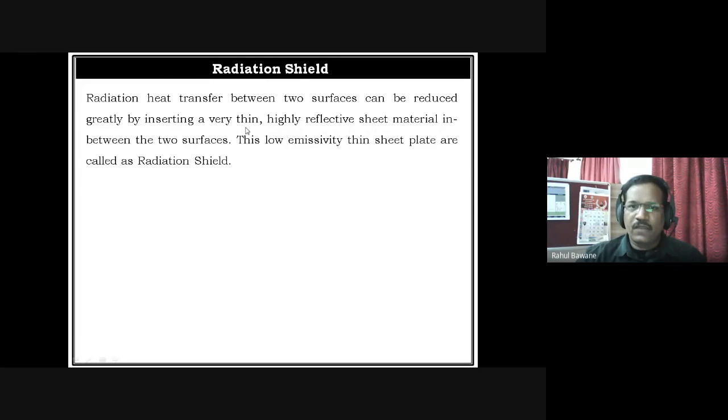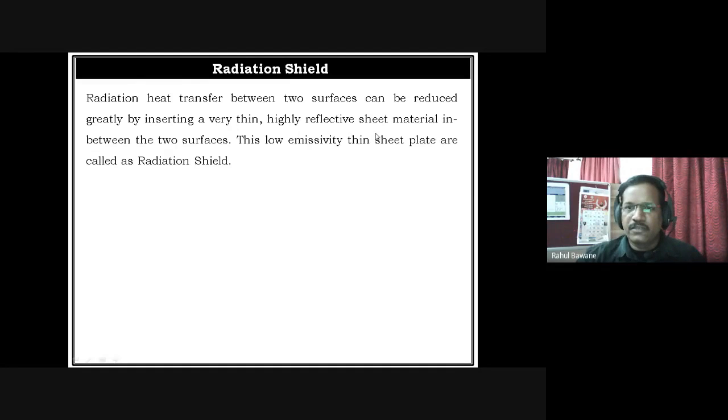Why thin? Because if it is thick, it is definitely going to absorb that radiation heat, so heat will be absorbed within that sheet. Highly reflective: radiation heat transfer takes place by waves, so we have to put a highly reflective sheet so that whatever radiation is incident on that shield will get reflected back and will not pass through that shield.